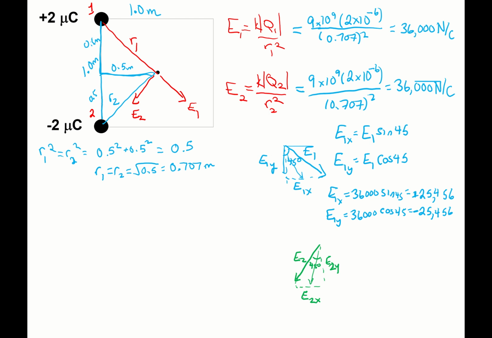E2x is opposite, so it's sine 45, and E2y is adjacent, so it's cos 45.